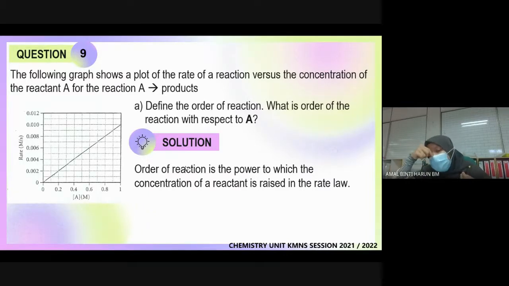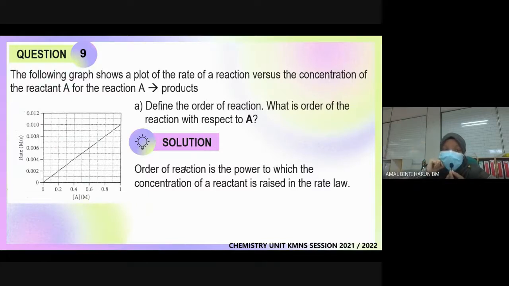Bagaimana order itu akan mempengaruhi rate of reaction, saya telah jelaskan kelas sebelum ni. Okay? Saya dah explain sebelum ni. Saya ulang sikit lagi. Kalau zero order, concentration itu tidak mempengaruhi rate. Kalau first order, dia akan naik secara linear, increase by X. Tapi kalau second order, increase by X square factor.